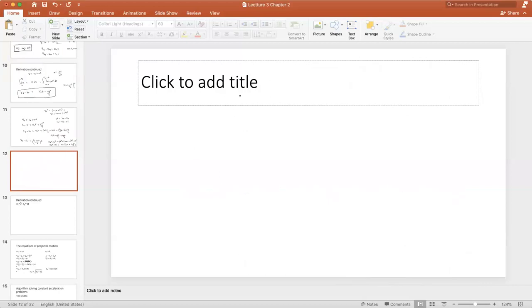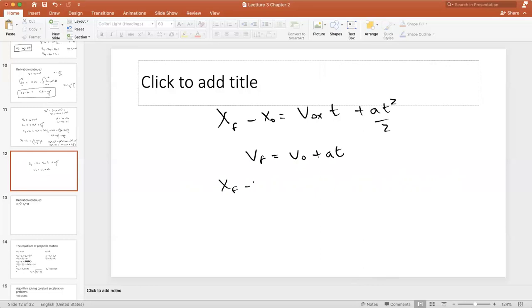And I'm going to write them like this. x final minus x initial is equal to v naught of x times t plus a t squared over 2. v final is equal to v initial plus at. x final minus x initial is equal to v final plus v initial over 2 times t.